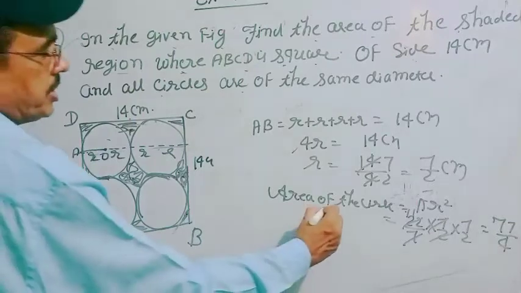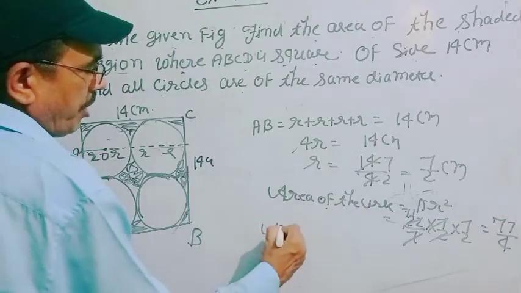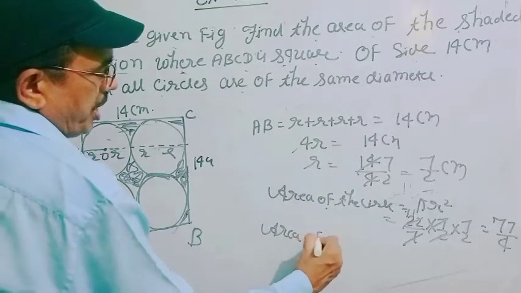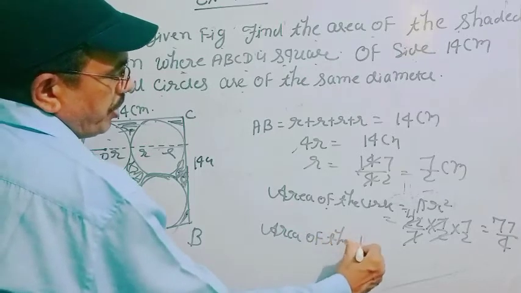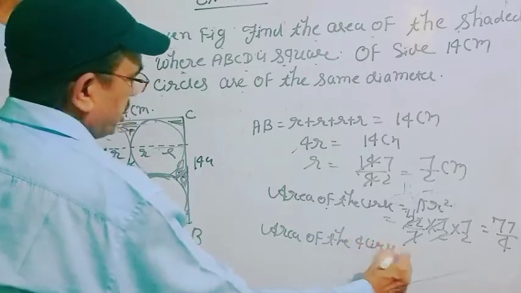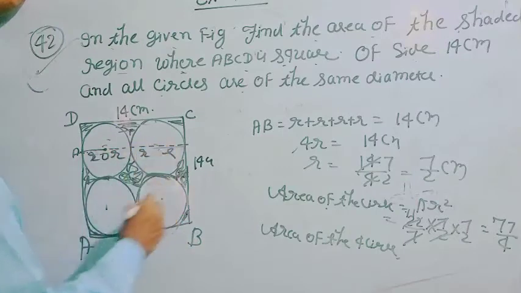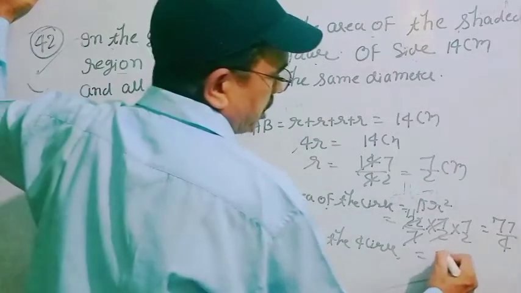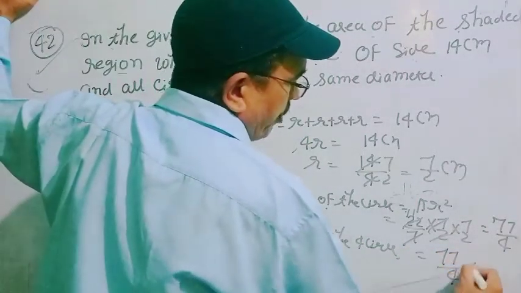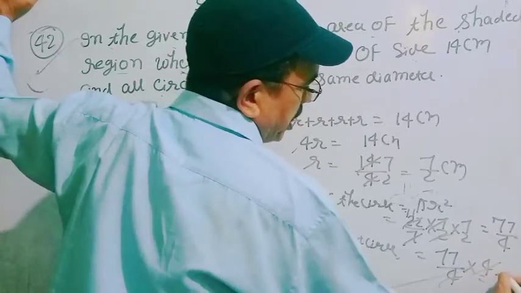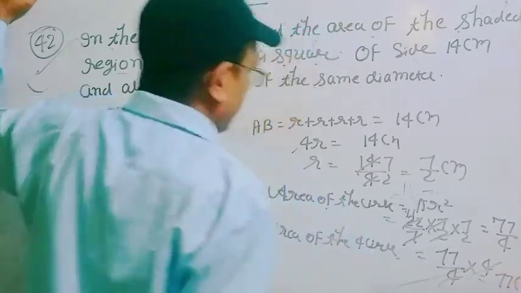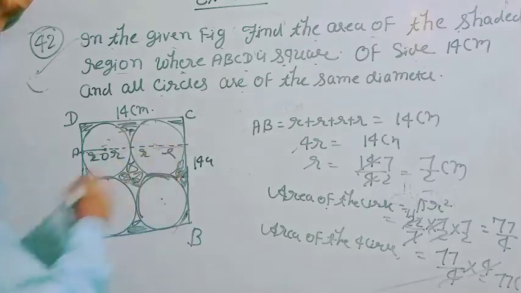It is the area of the circle. Now the area of the 4 circles, because there are 4 circles in the figure. So the area of 4 circles is 77 by 4 into 4. Cancel it, that is 77 cm square. It is the area of the 4 circles.